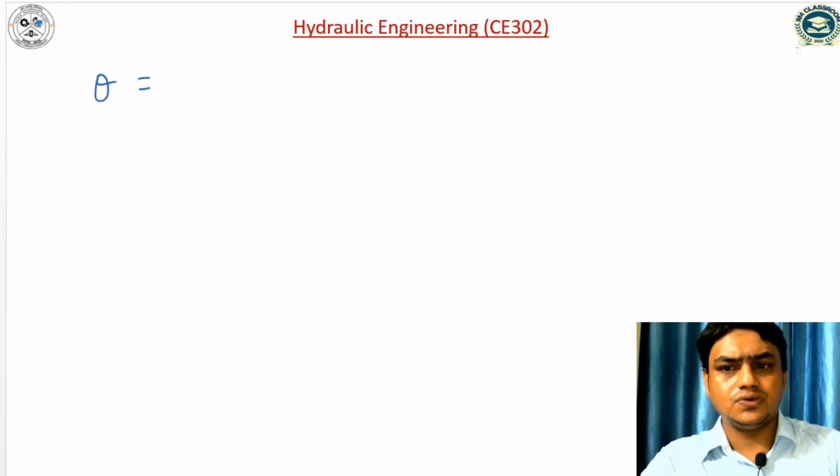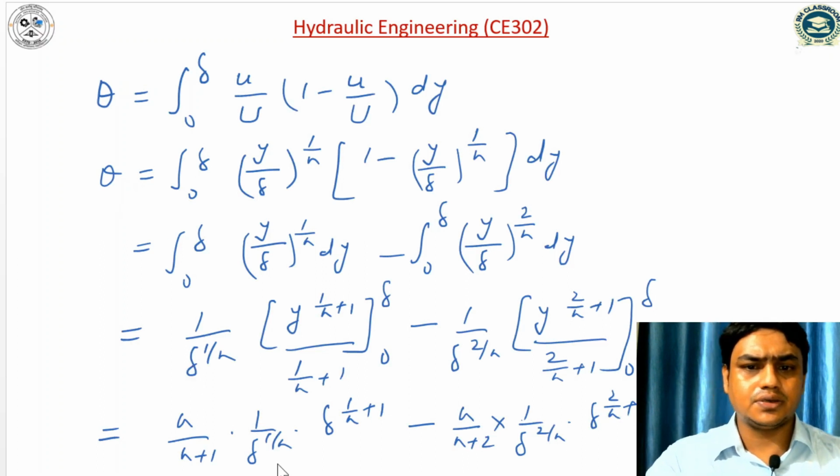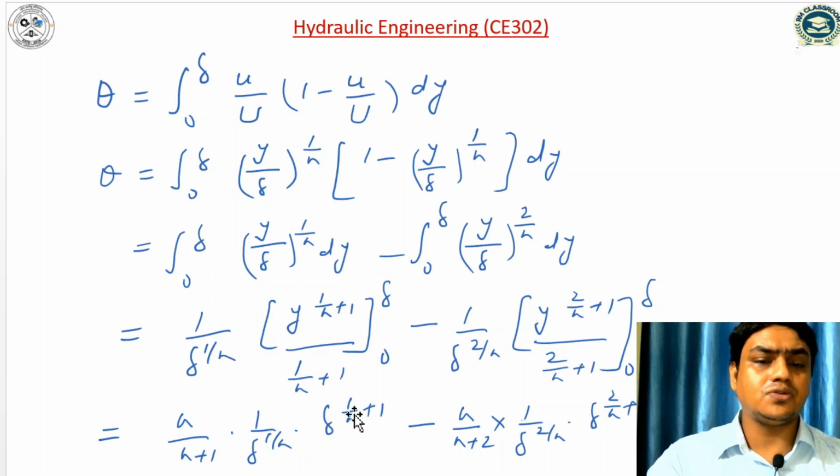theta is equal to, if I take 1 by delta to the power 1 by n, we can write this as delta to the power 1 by n into delta. So delta to the power 1 by n and delta to the power 1 by n cancel. So this value is n delta by n plus 1. Similarly here we can write delta power 2 by n into 1. We know x to the power m into x to the power n is x to the power m plus n.